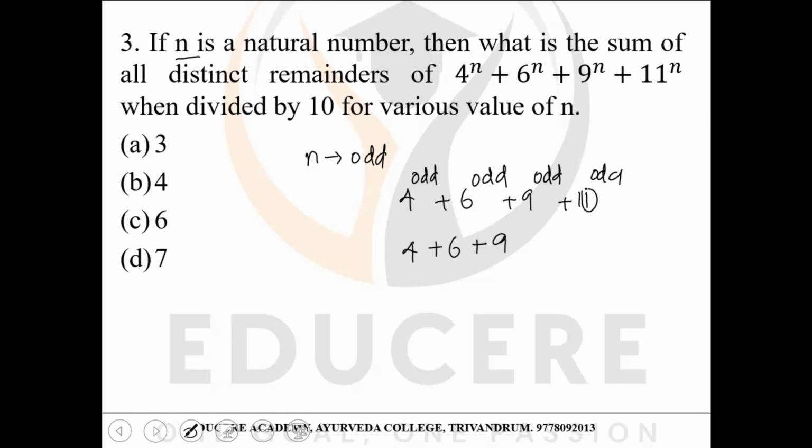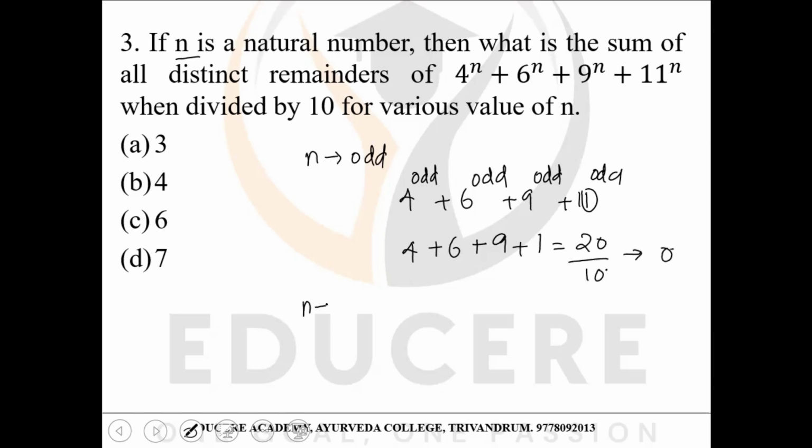And 1 raised to any power is 1. Adding these, the sum is 20. When 20 is divided by 10, the remainder is 0. So one possibility is 0.